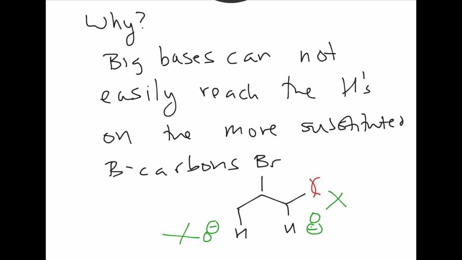So it becomes easier for the base to go to whatever beta carbon has the least stuff around it and take a hydrogen from there. It's just trying to minimize the amount of steric interaction when it goes to grab the hydrogen.